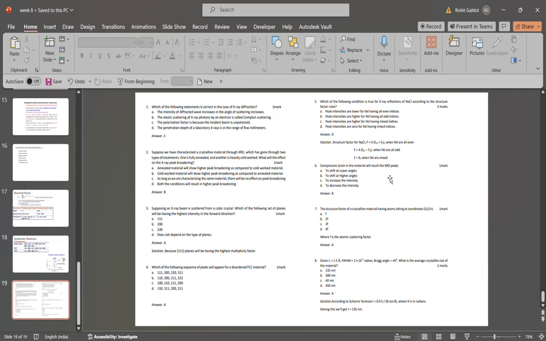Then, given lambda is 1.5 angstrom, FWHM is 2 times 10 to the power minus 7, and the Bragg's angle is 60 degrees, what is the average crystallite size of the material? The Scherrer formula can be used: 0.9 times lambda divided by B cos theta, with theta in radians, and then you will get around 135.